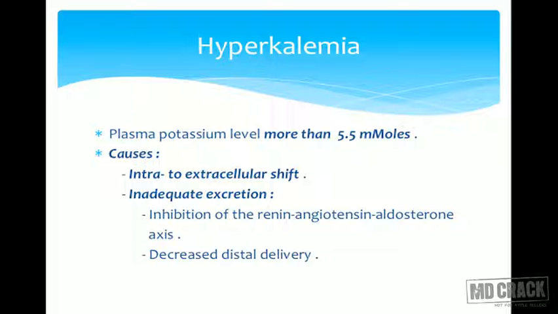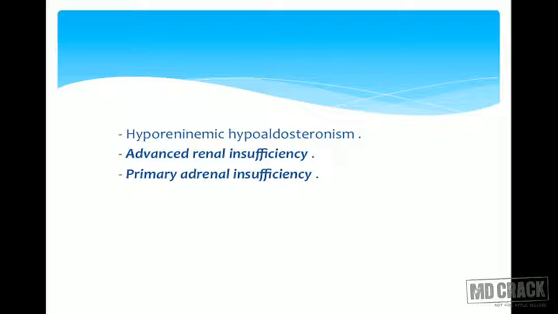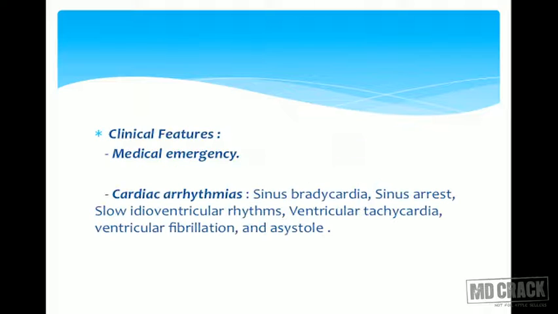So it may be one of the causes. Inadequate excretion may be a renal cause or an adrenal cause. Advanced renal insufficiency and primary adrenal insufficiency are known to cause hyperkalemia.